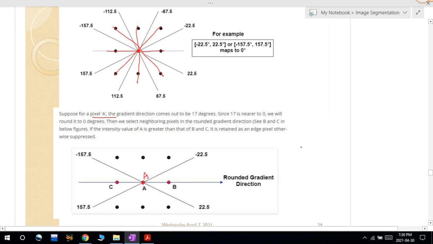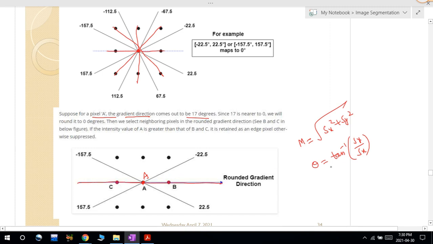For this point I have both the magnitude, using sx square plus sy square, and theta, which is nothing but tan inverse sy by sx. Once you get this theta, I will get the direction. For example, if the theta value is 17 degrees, 17 degrees is near to 0, so I will consider only these points as edge points.